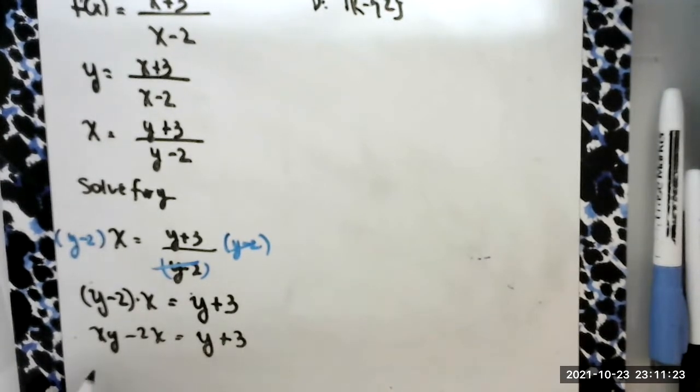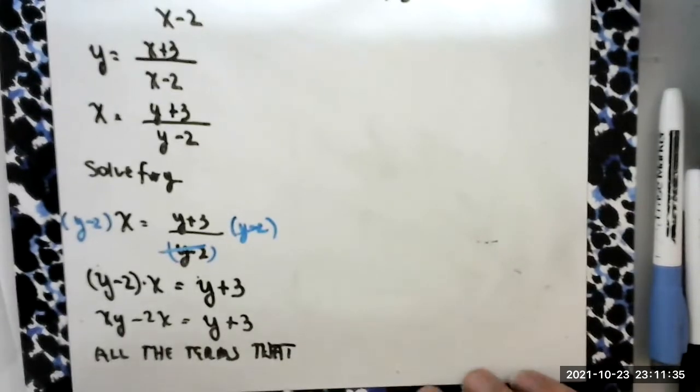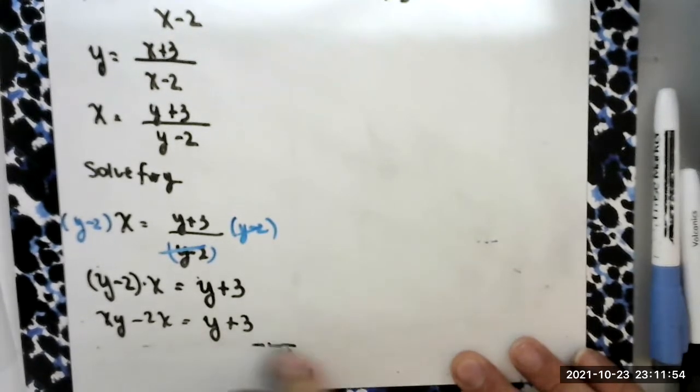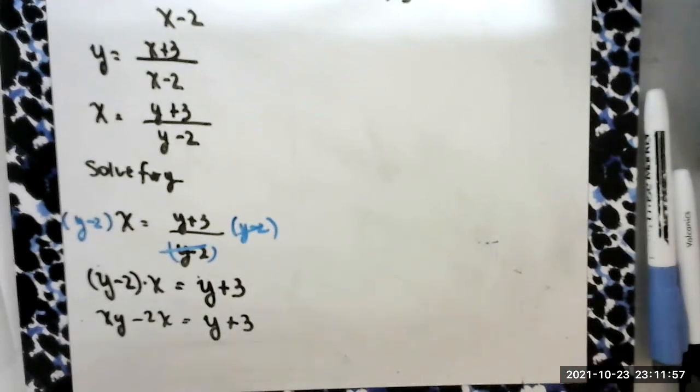We must have all the terms that contain the variable y on one side of the equation and the other stuff on the other side. Of course, I have xy on the left here. I have y on the right.